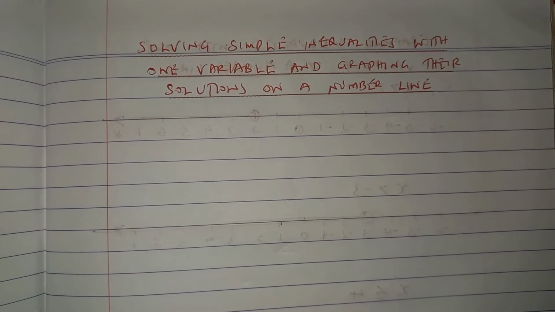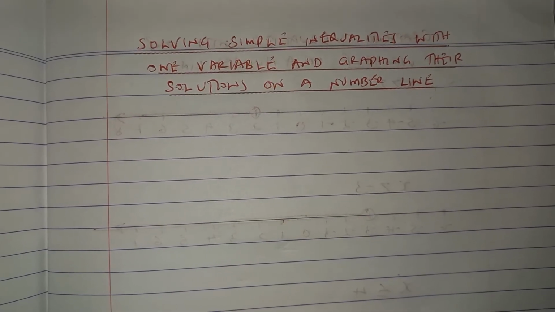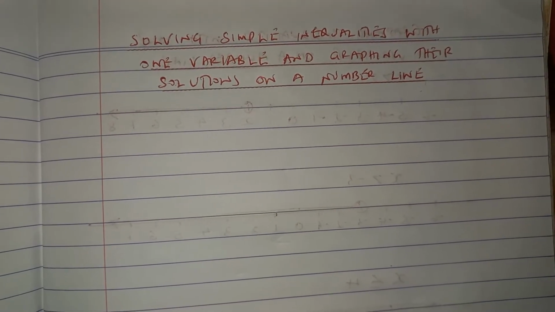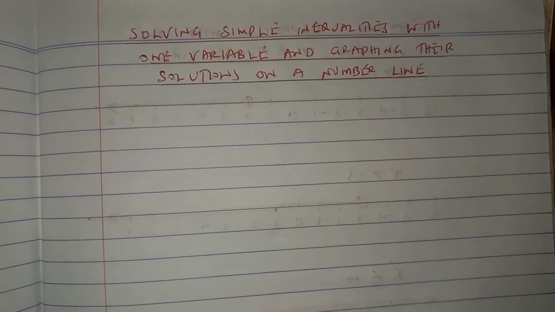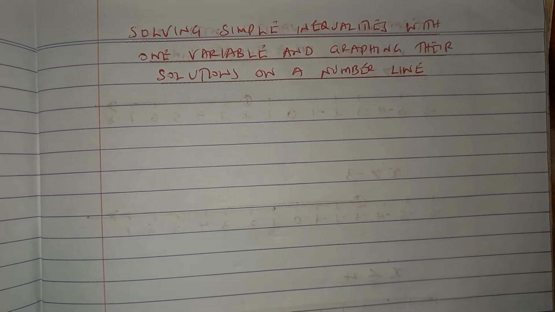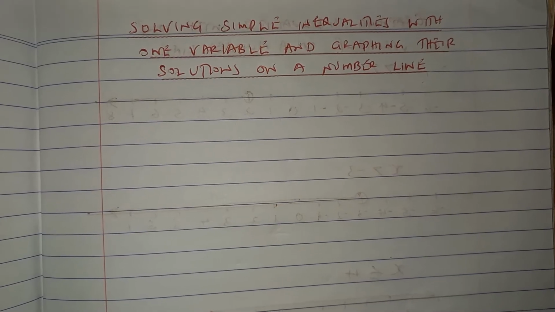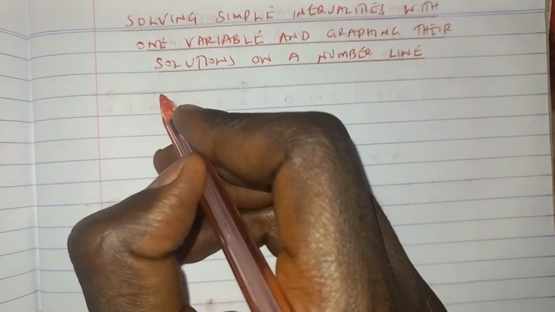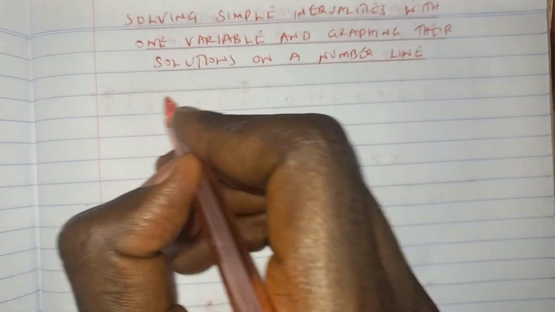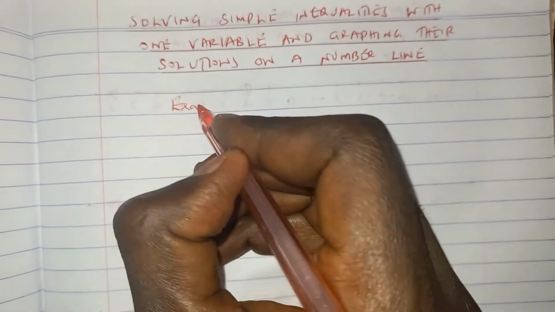Hello. Let's look at how to solve simple inequalities with one variable and graph their solutions on a number line. We look at a few examples.